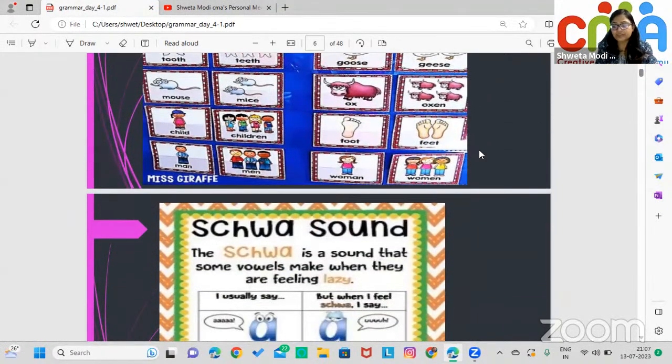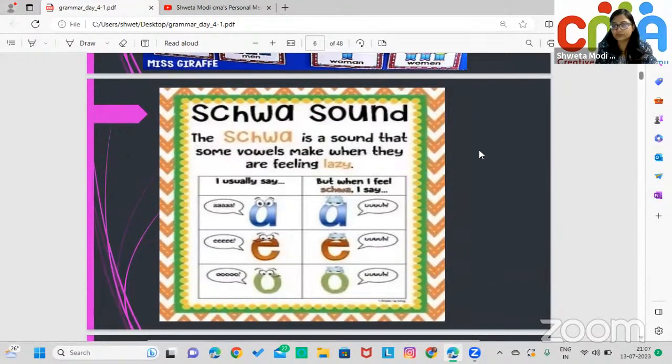Now this schwa we discussed yesterday. What is schwa? Schwa is a sound that some vowels make when they're feeling lazy. So there's a song: I usually say ah, but when I feel schwa, I say uh.